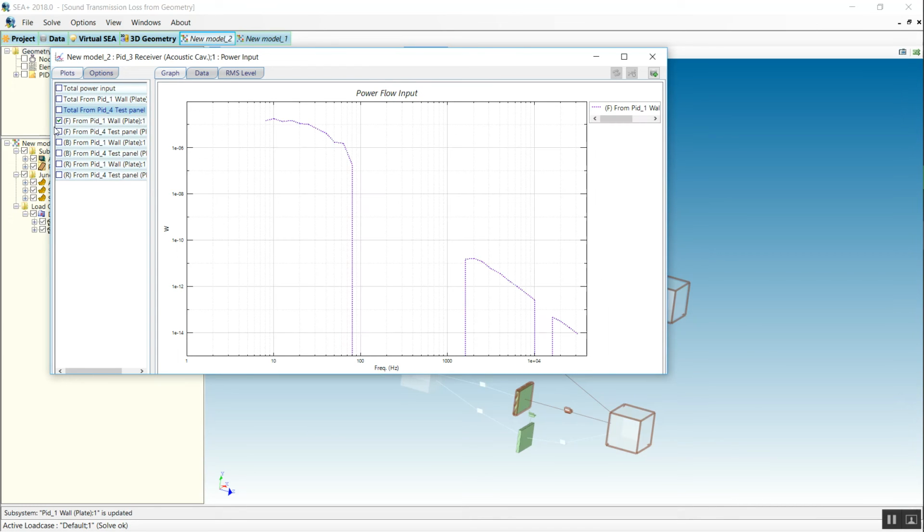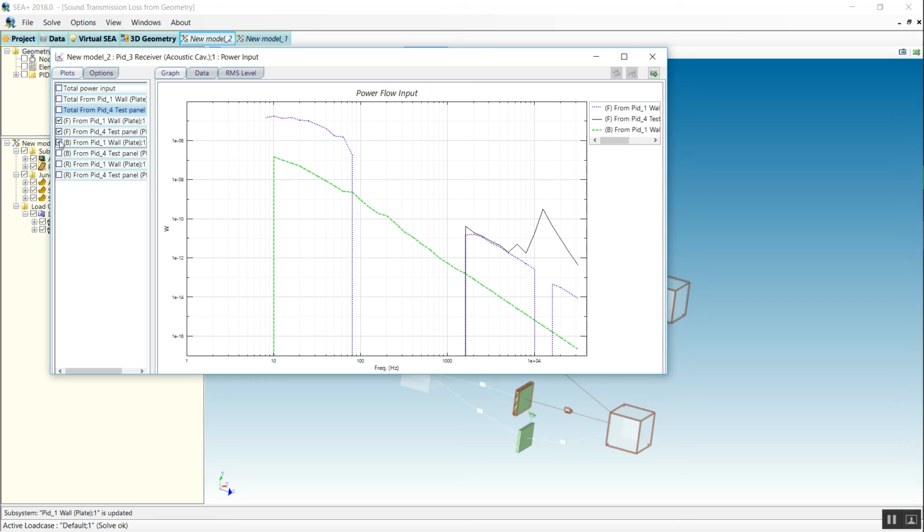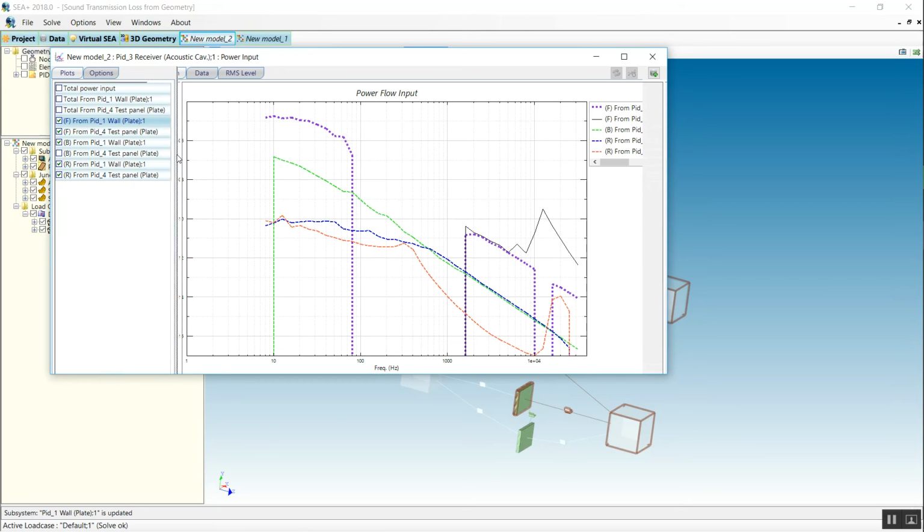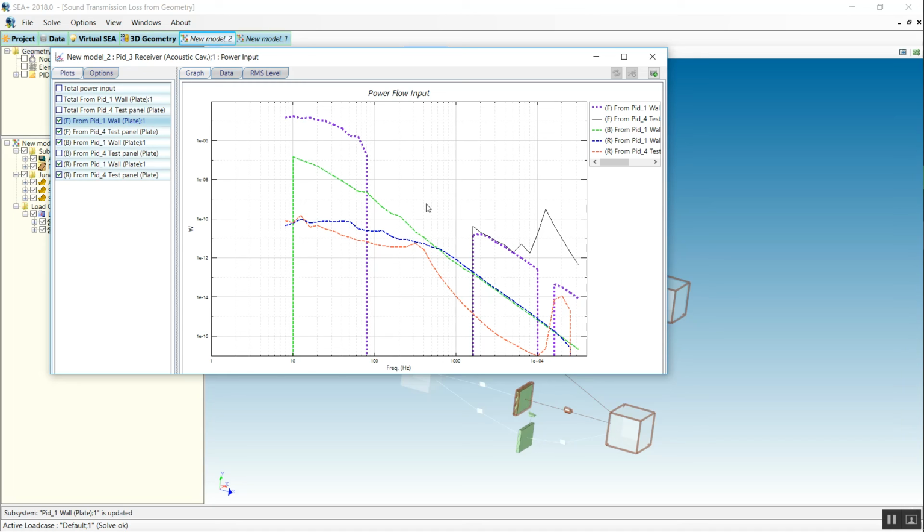And if I click on all the other paths, this is the elementary source. So this is resonant energy sent by the concrete wall, power radiated by the concrete wall, resonant mode.